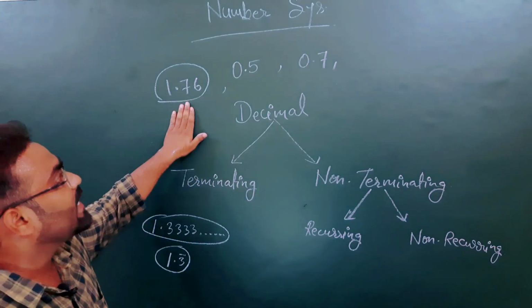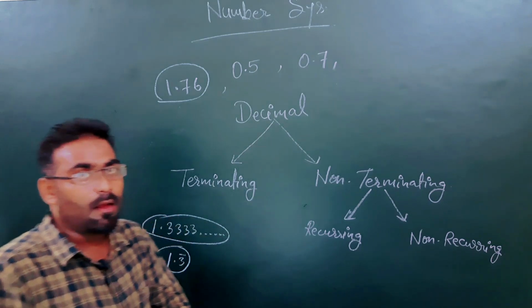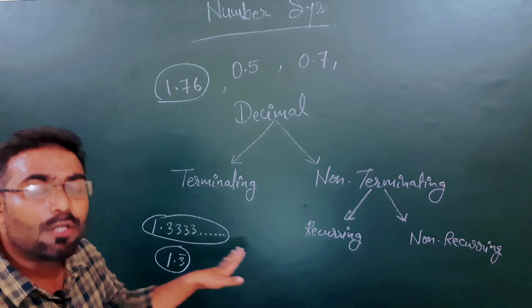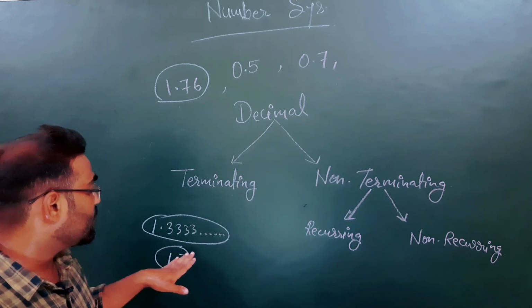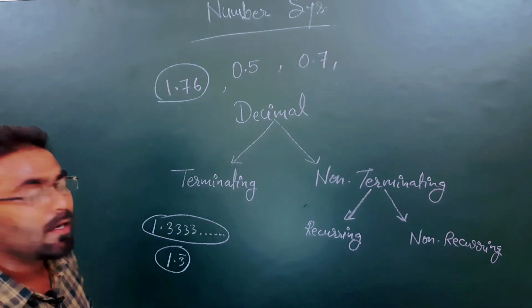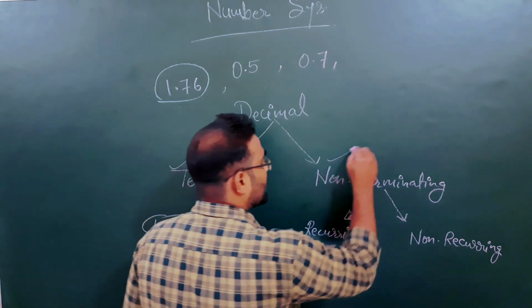If the digits get over right there, that number is terminating, and if the digits keep continuing, the decimal is non-terminating. So by now you know the concepts of terminating and non-terminating.